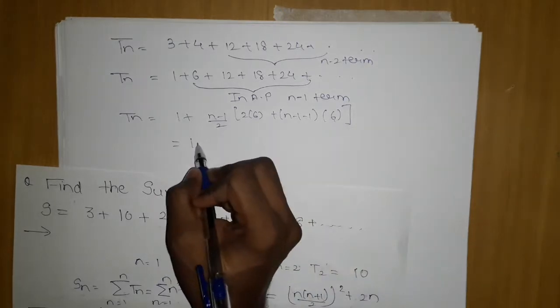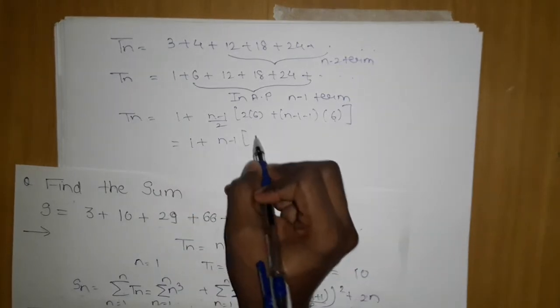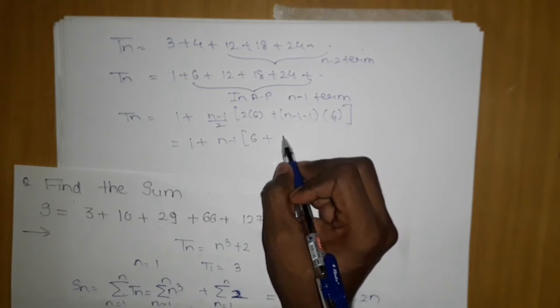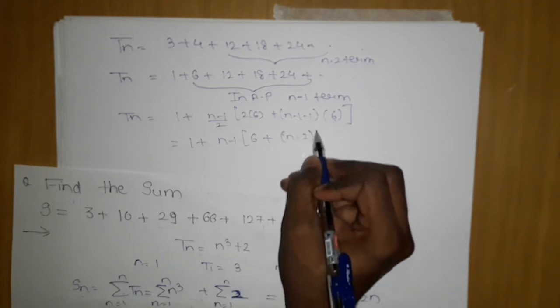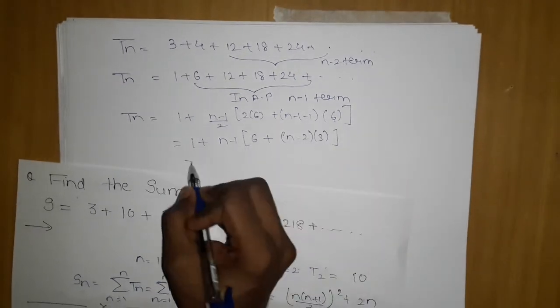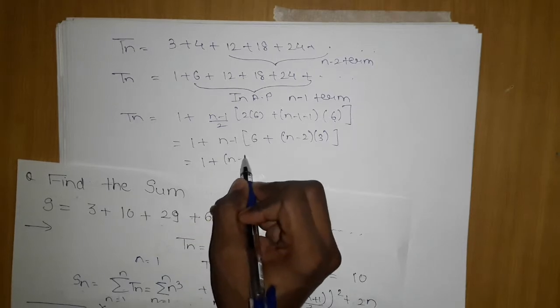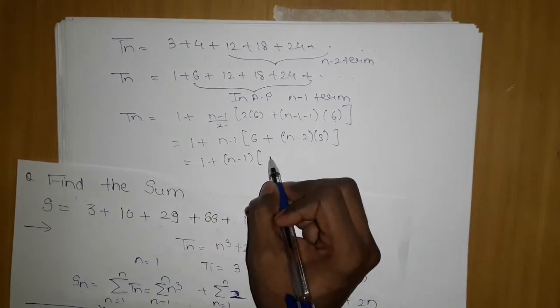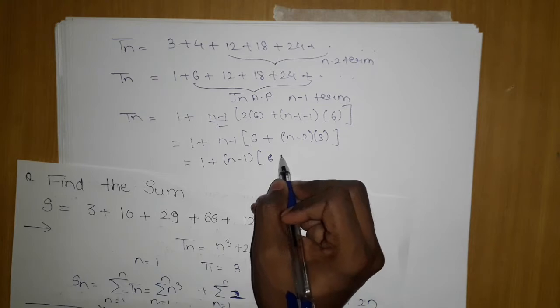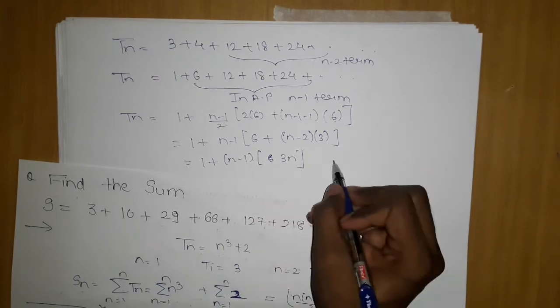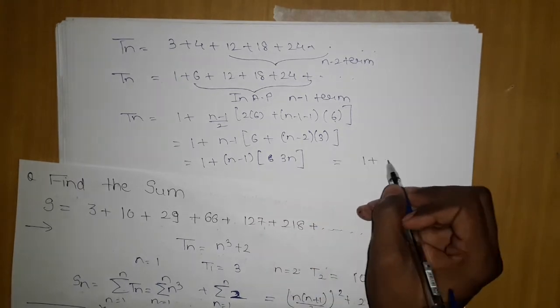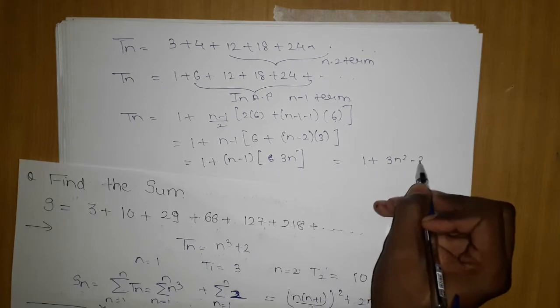After doing this, you can get n minus 2 into 3. Then 6 will cancel out, this will become 3n. After doing this, what do you have? 1 plus 3n square minus 3n.